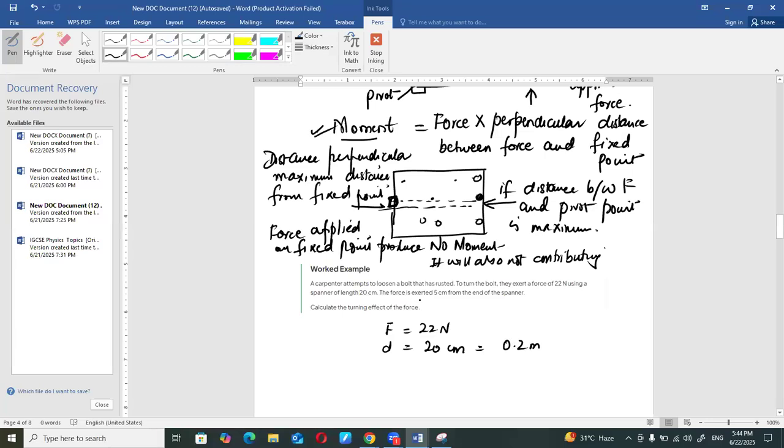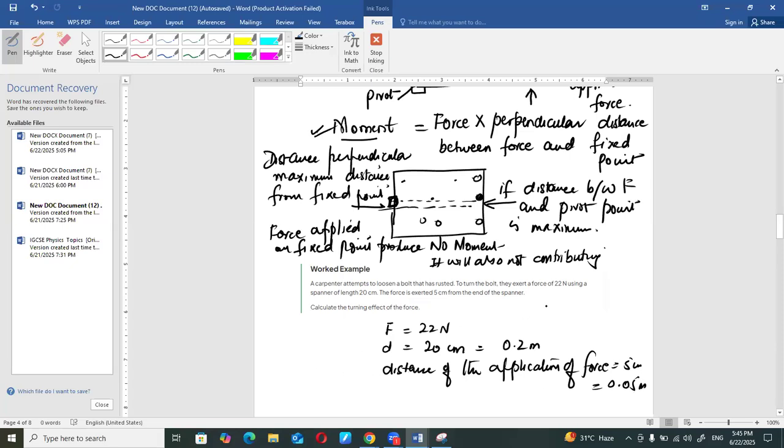The force is exerted 5 centimeter from the end of the spanner, which is 0.05 meters. Calculate the turning effect.